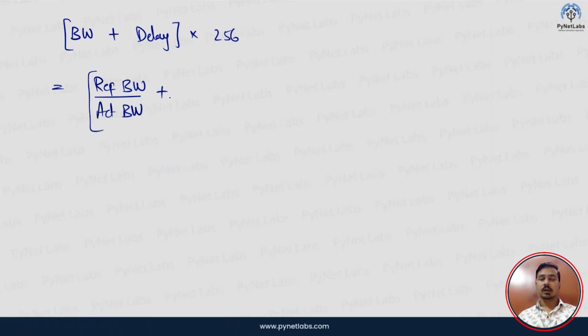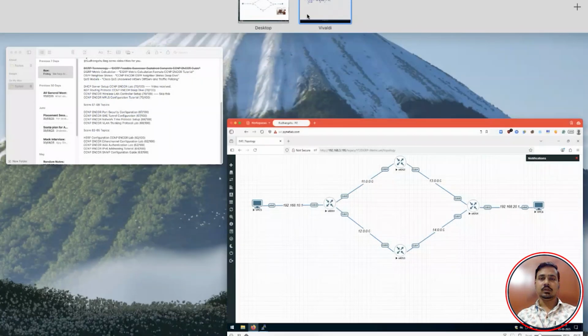And then we have the delay. So delay is the sum of the delay, which means we take into account all the delays of the exit interfaces. I will explain with the lab here. So we have the sum of the delay divided by 10, and the whole thing is then multiplied by 256.